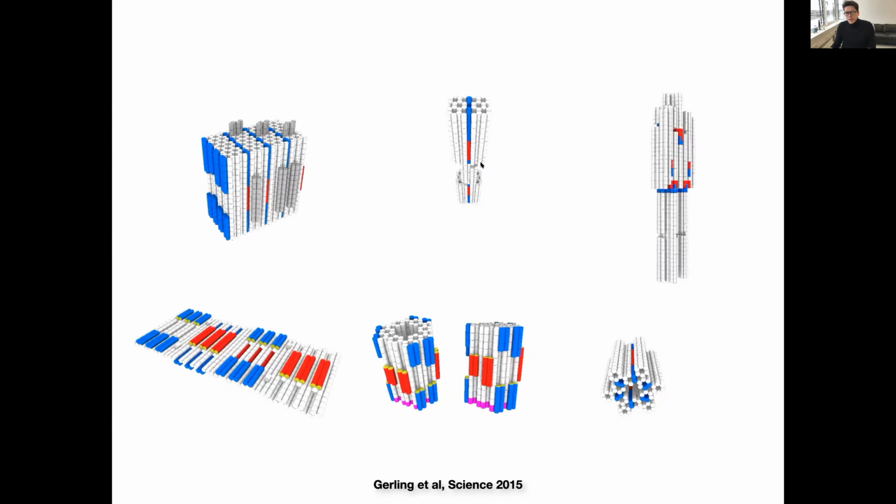You can literally stick them together, and they're held together by stacking interactions. With this design approach, we were able to build massive objects bottom up, which approach the Giga-Dalton mass range.